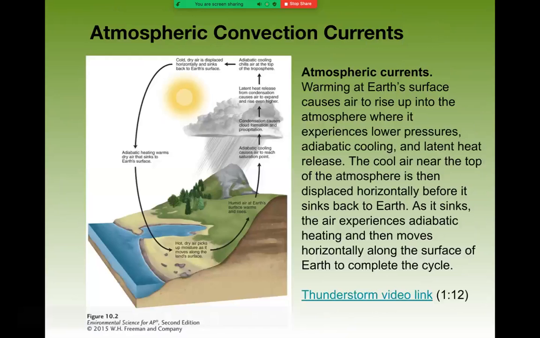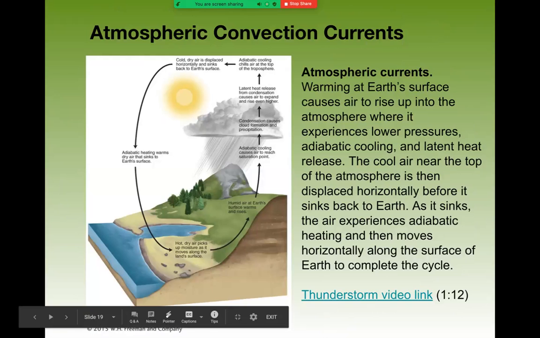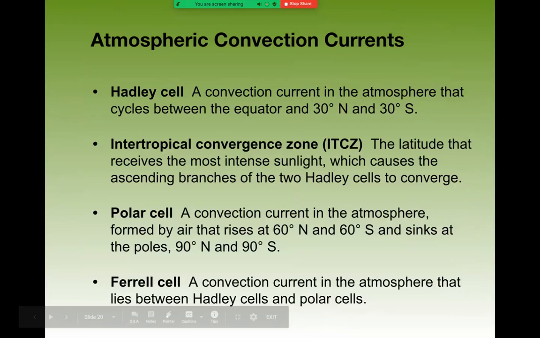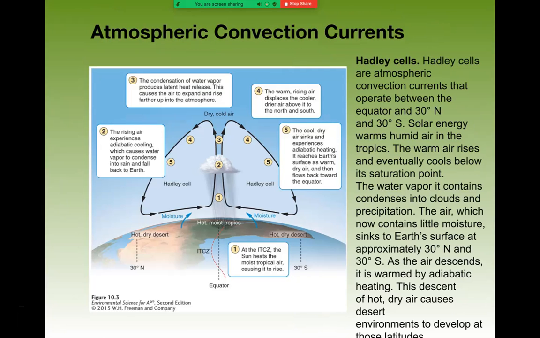And so this convection current system is going to account for a very large scale pattern that we see on our planet. One of the things you have to be aware of on any given day of the year is where the sun is most directly overhead on planet Earth.